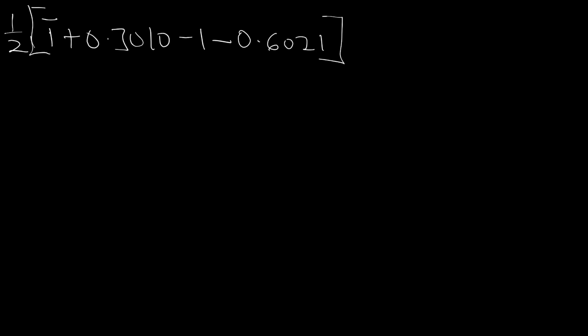Now bar 1 is the same as negative 1, so negative 1 minus 1 will give us negative 2, and negative 2 is the same as bar 2. So we write bar 2 plus 0.3010 minus 0.6021.